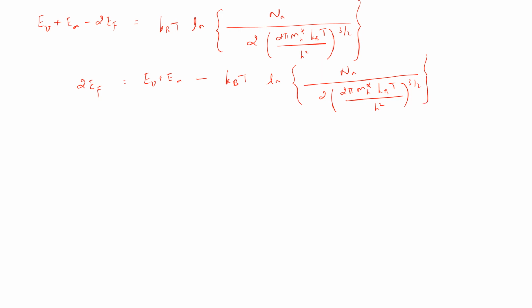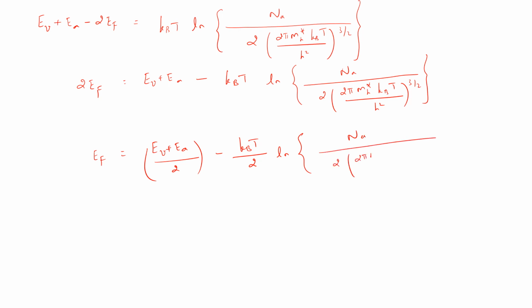Then I will write EF is equal to EV plus EA divided by 2 minus KBT by 2 into ln NA divided by 2 into 2 pi MH star KBT divided by H square whole power 3 by 2.